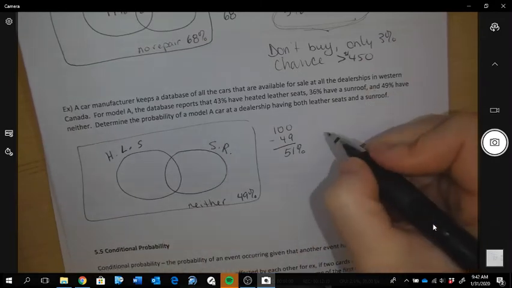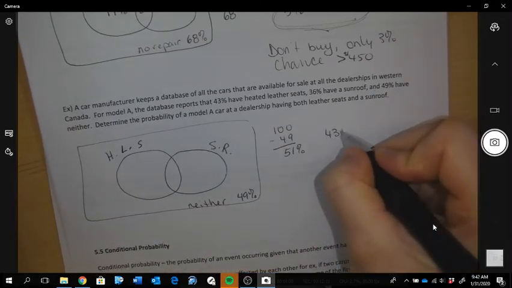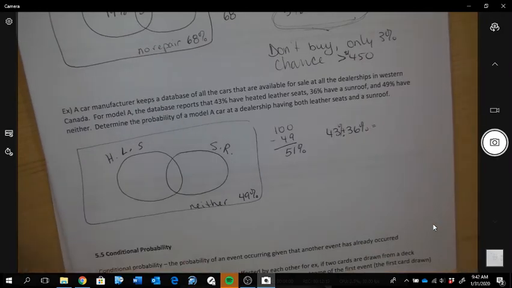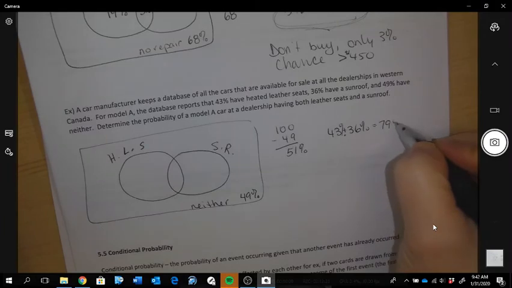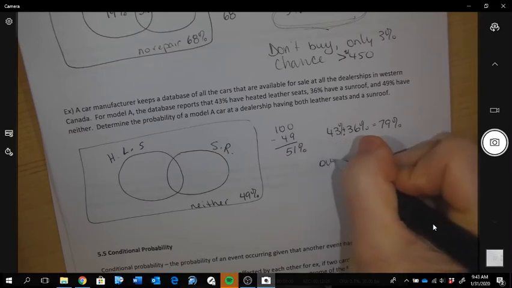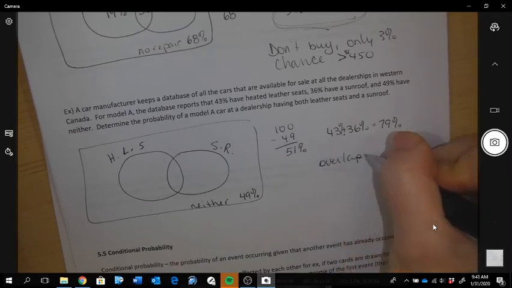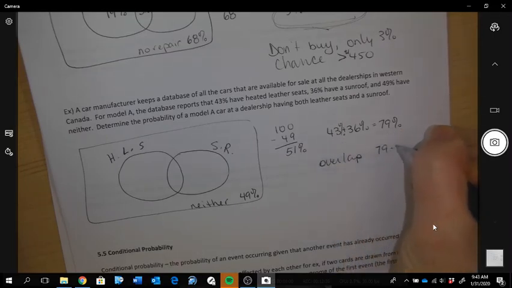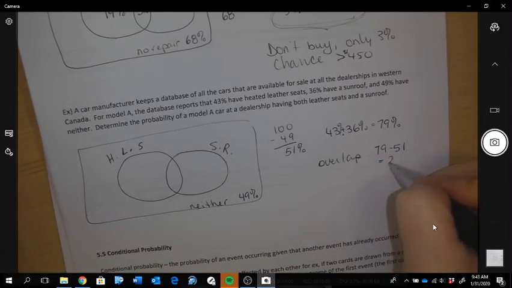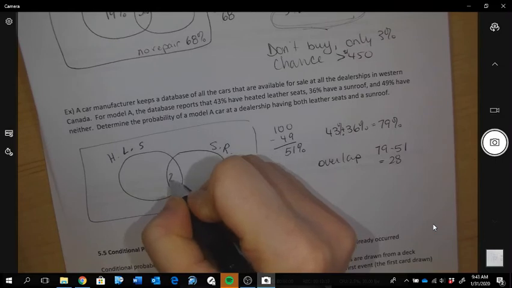Now 43 plus 36% equals 79%. That's over top of my 51. So what's in the overlap? 79 minus 51, so 28% will have both.